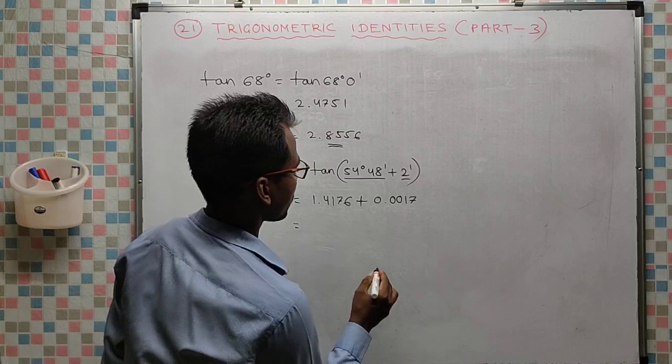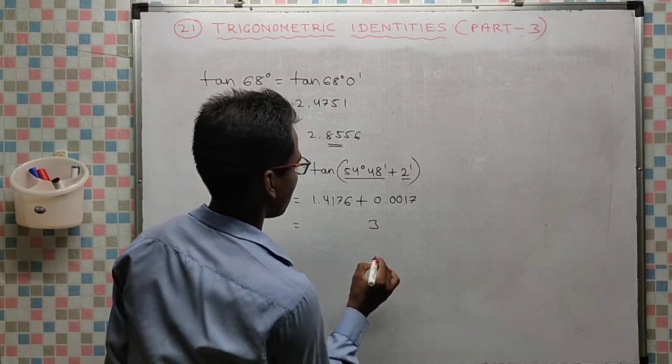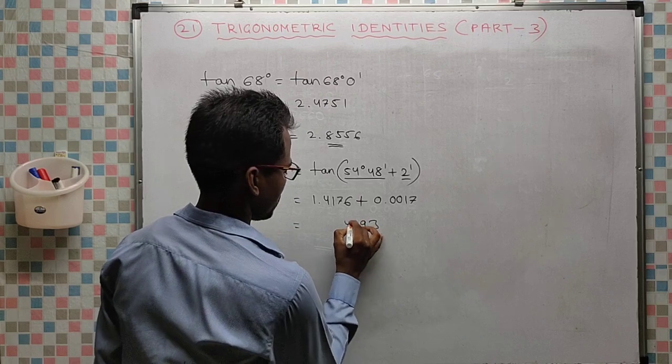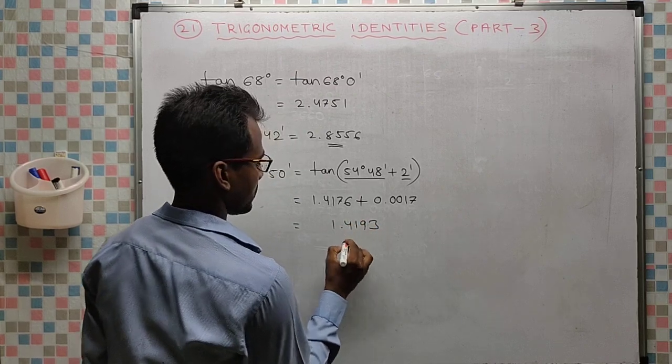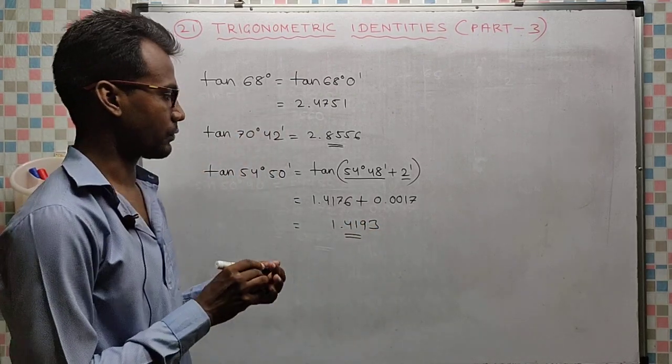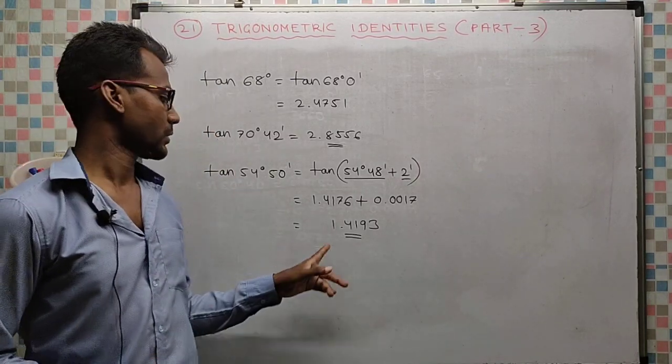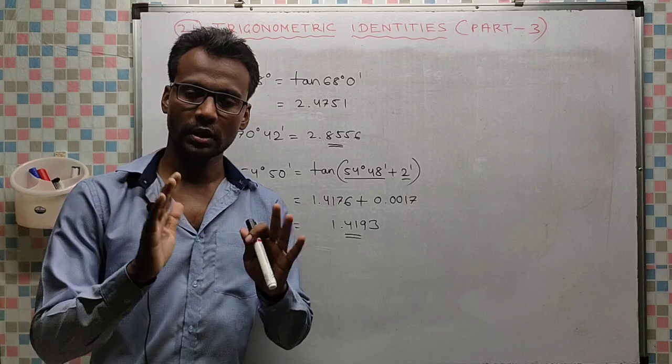So if you add, we will get 1.4193. This is the value of tan 54 degrees 50 minutes.